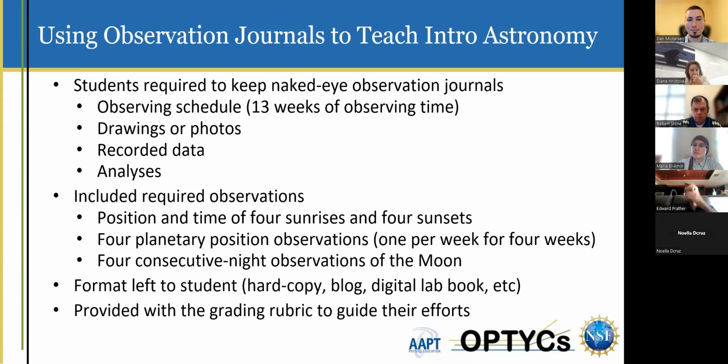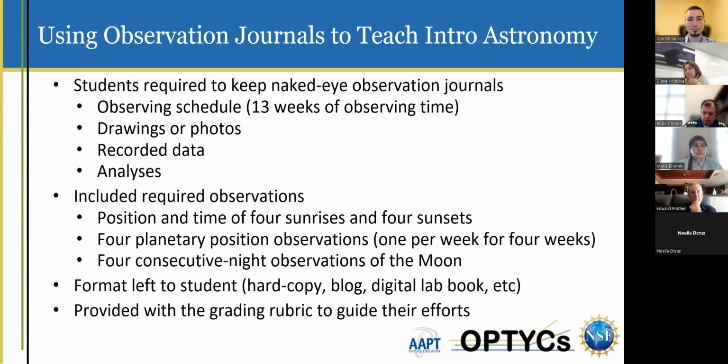The format was left to the student. The idea being, if the student is allowed to have some creative license with this journal, that it would increase their interest and engagement with the material.